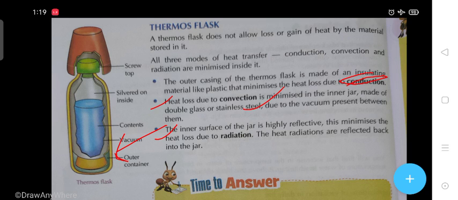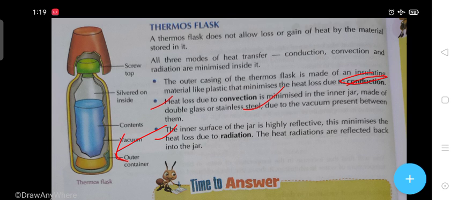It means, students, the reflective part will reflect the heat back into the jar. That's why the thermos flask will not lose or gain temperature. So this is the simple procedure which takes place in the thermos flask, students.